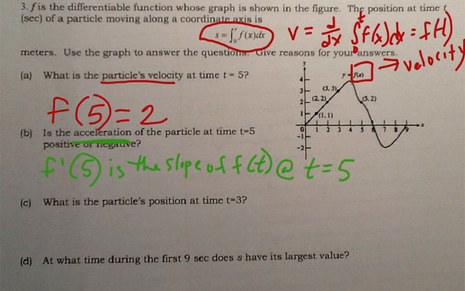So is the slope positive here or negative here? It's negative. And you can see that because this graph is decreasing here.